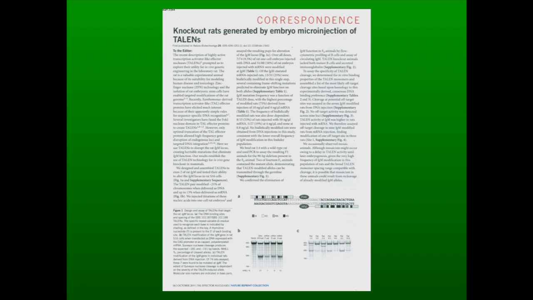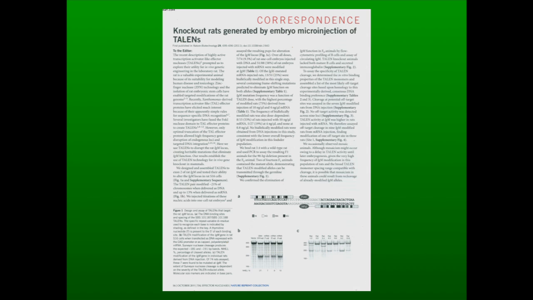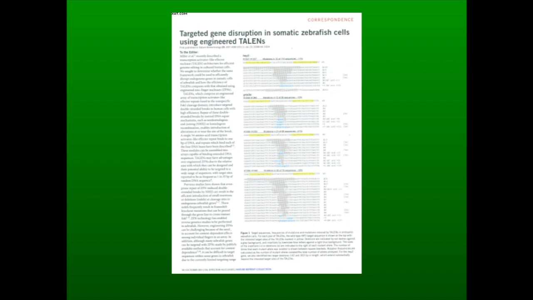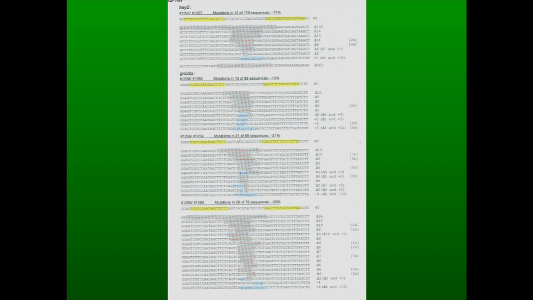So in recent reviews of TALEN technology, and this is very recent, here is how you could make knockout mutants in rats to study what would happen if you take out a specific gene function. We can do this in zebrafish. This is targeted disruption of zebrafish, showing you here in this figure which gene was targeted.